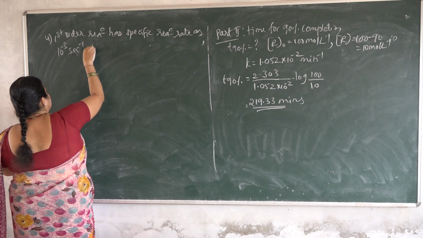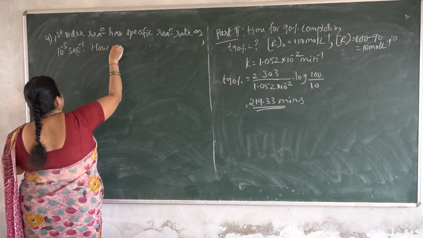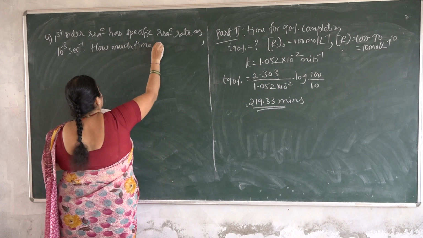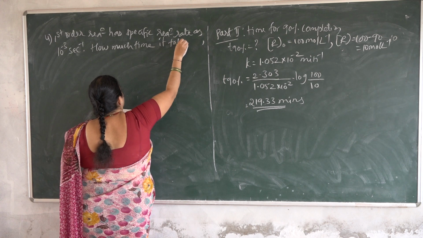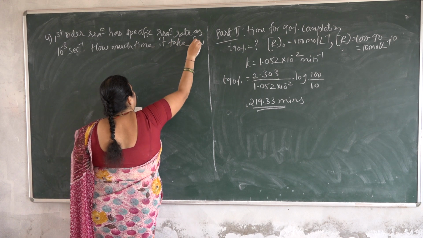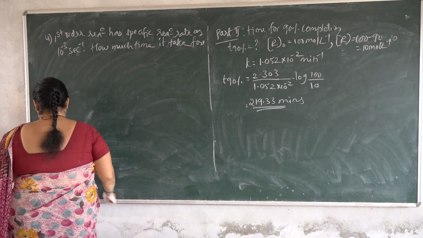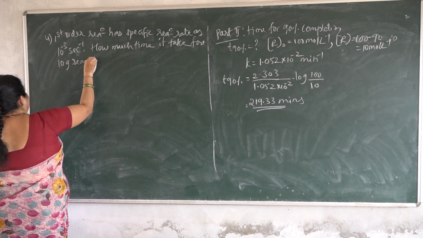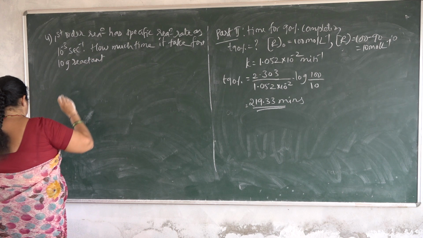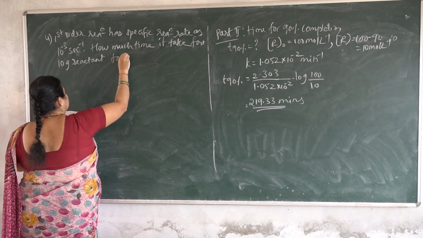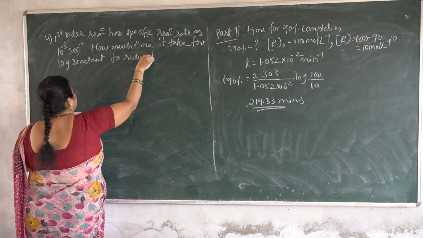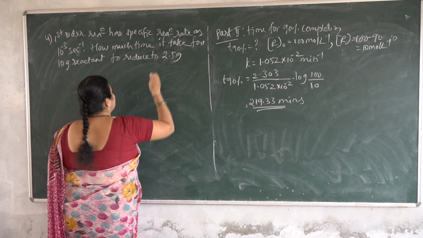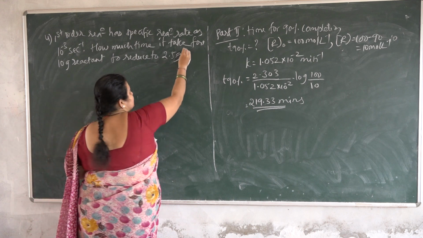How much time will it take for 10 grams of reactant to reduce to 2.5 grams? So this is the question.